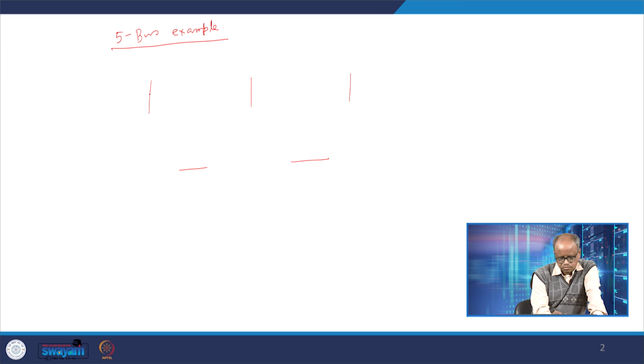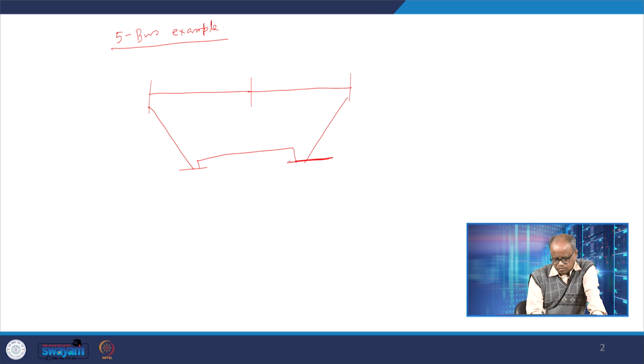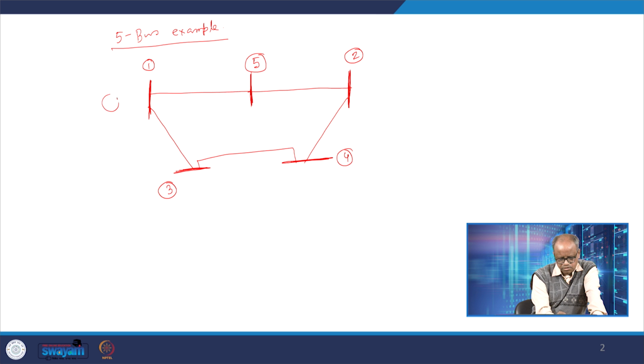So let's say these are the buses and these are the lines. Let's say this is bus 1, bus 2, bus 3, bus 4, bus 5, and let's assume that I have got 3 generators.